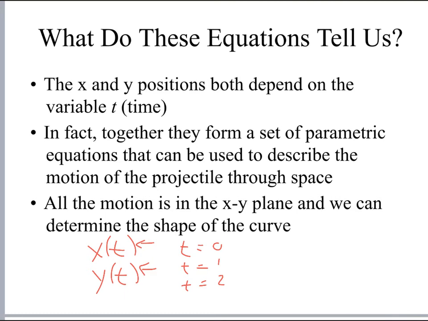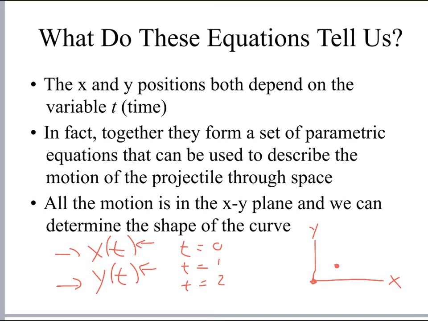And so for every value of t, you could plot not x versus t or y versus t, you could plot on a regular y versus x coordinate system. So I plug in t equal to 0 and I get a point. I plug in t equal to 1, I get a position for the x, I get a position for the y, at 1 second.